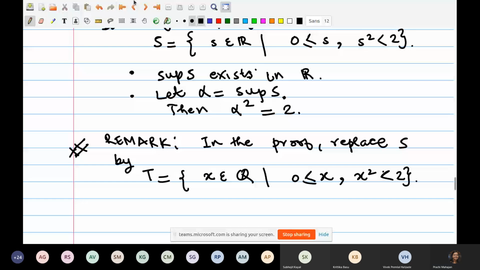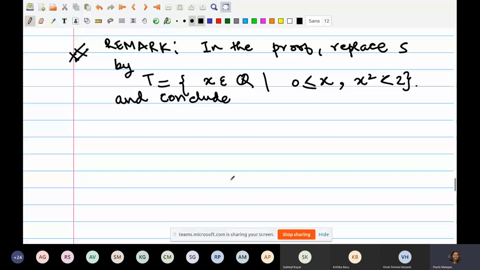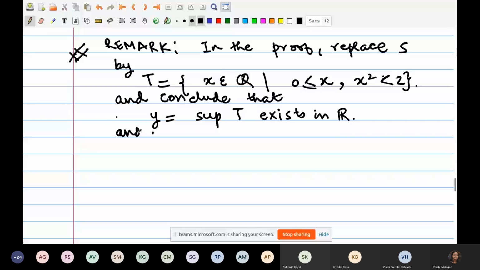Instead of writing all of that again, I will just conclude by similar arguments that y, equal to the supremum of T, exists in R, and it satisfies y square equals 2.